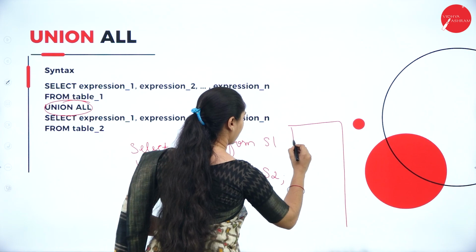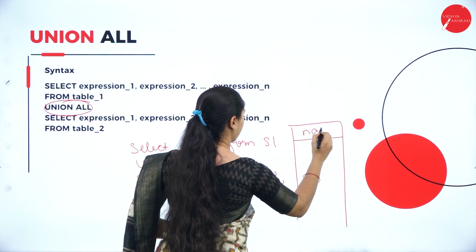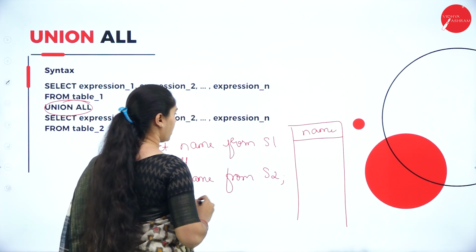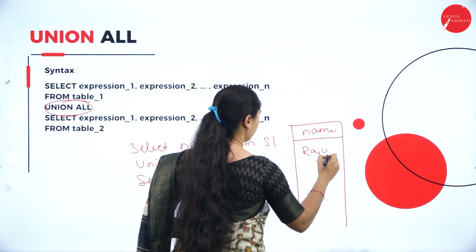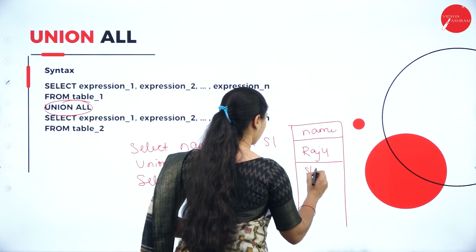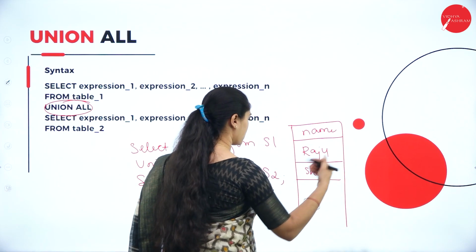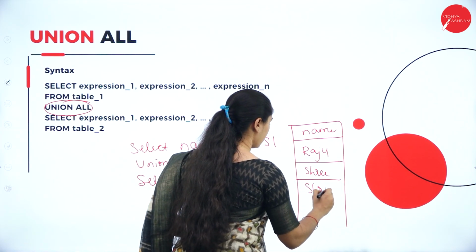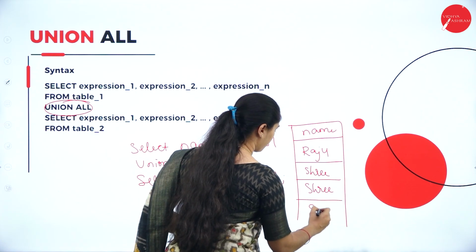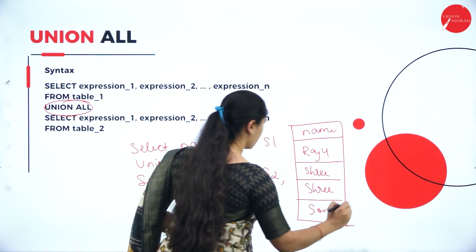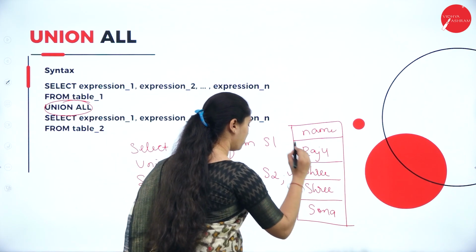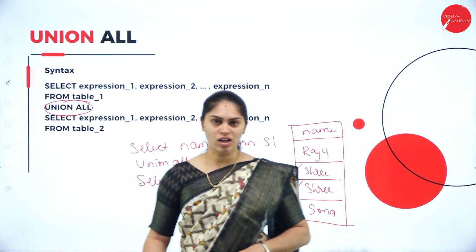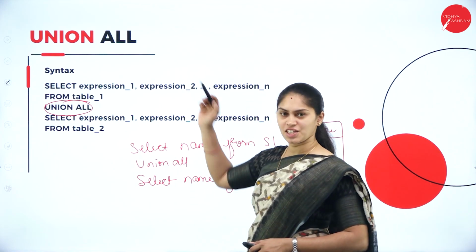The name will come as a column here, and it will include, first we have Raju and Shri. Again from the second table I have Shri again, and then Sona. This is how union all works. That means we have duplication in the union all operation. This is regarding union all.